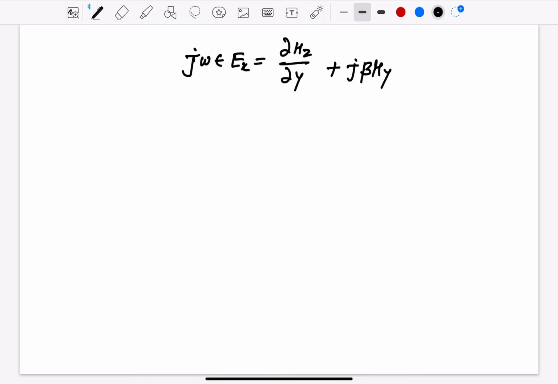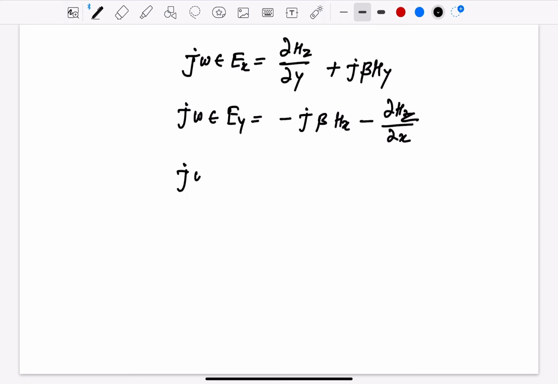Another equation was j omega epsilon Ey equals minus j beta Hx minus dou Hz over dou x. And the third equation is j omega epsilon Ez equals dou Hy over dou x minus dou Hx over dou y.